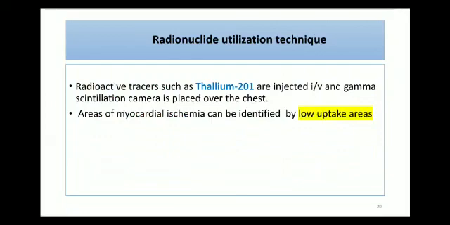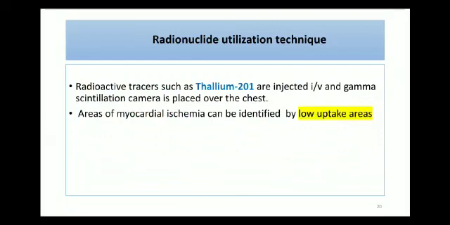We have another method also. We can use radioactive materials like thallium-201. It is injected IV and you place a gamma scintillation camera over the chest of the patient. Now you can see the areas of myocardial ischemia. You can recognize the areas which have less blood flow. How?